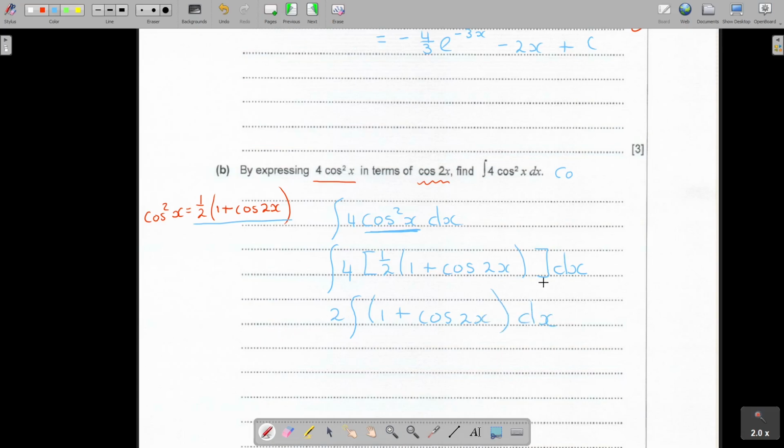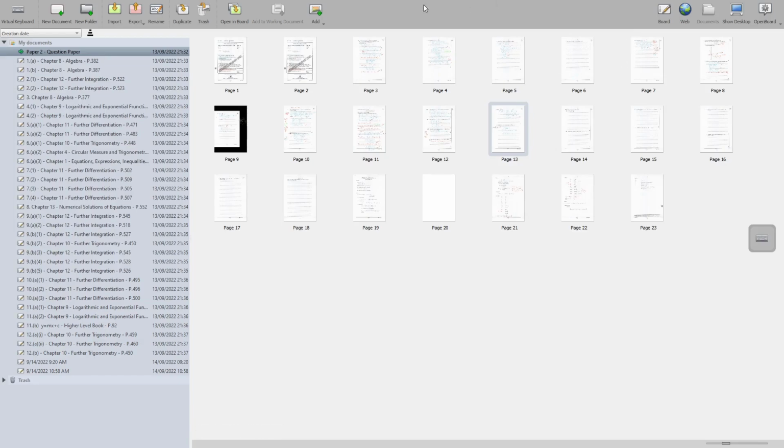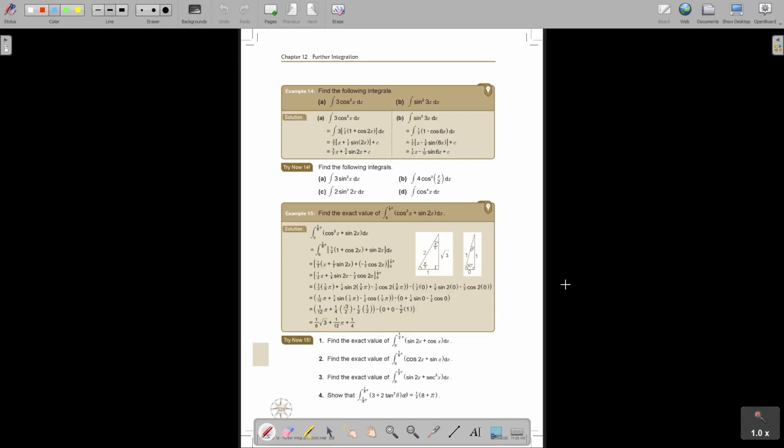Now I'm just going to take you back to the textbook just to revise a few formulas with you. So let's go to page 528. Okay, there is 528. I said cos becomes sin, but that's the basic one.